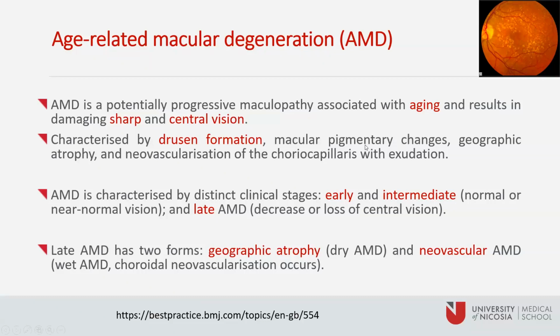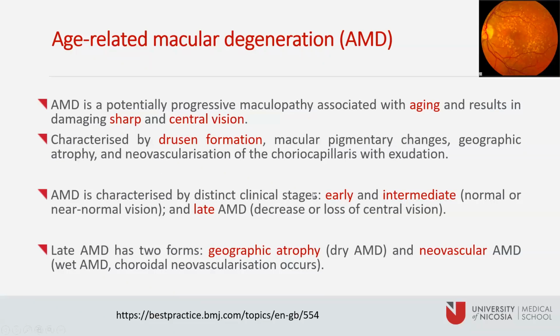You can also have pigmentary changes in the macula, and at the later stage, you might observe geographic atrophy or neovascularization of the choriocapillaris with exudation. I'm going to go through the later stage in a minute.